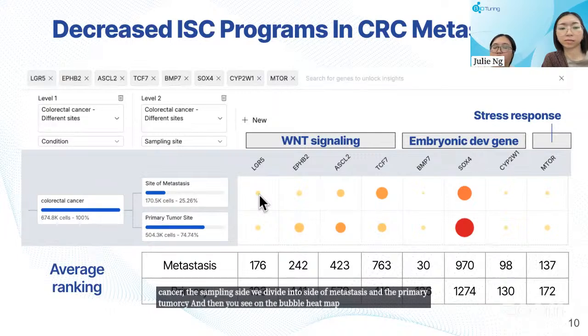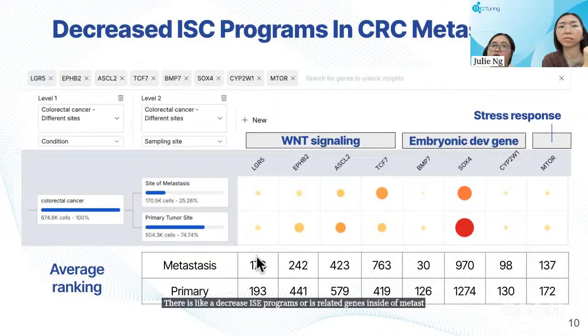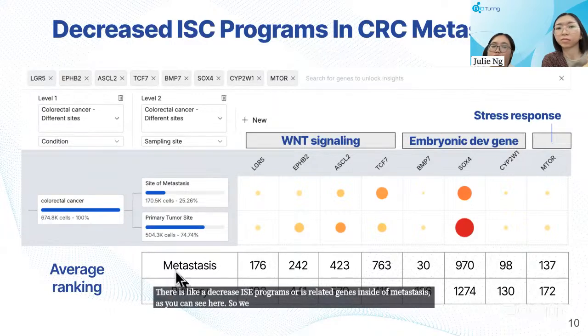In line with the findings from the paper, the database-wide findings also show a decrease in ISC programs, or ISC-related genes, inside of metastasis. We also put down the average ranking, or the expression level of each gene, in this table.